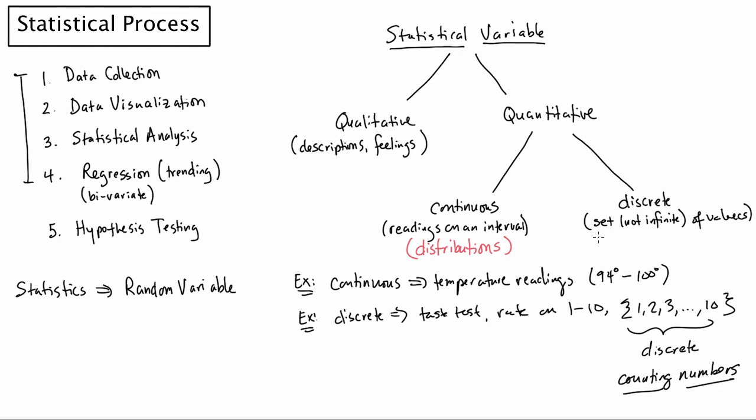Discrete random variables lend themselves to distributions as well, but they are often limited to what are called frequency distributions. And so we're going to look at frequency distributions as opposed to normal distributions for some types of variables. We're going to talk about distributions a lot, and associated with them are the types of variables that we're going to be looking at.